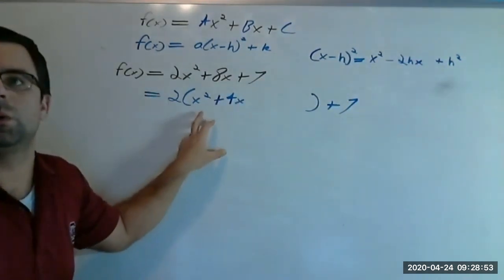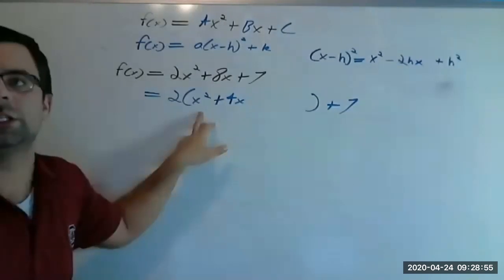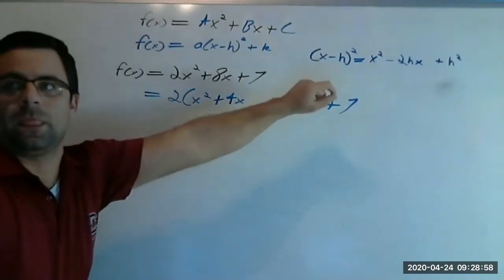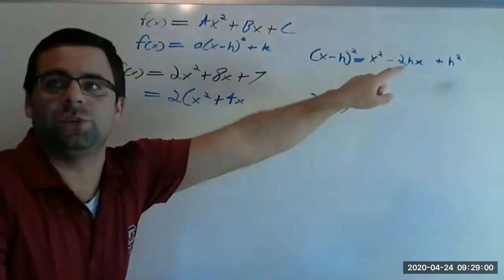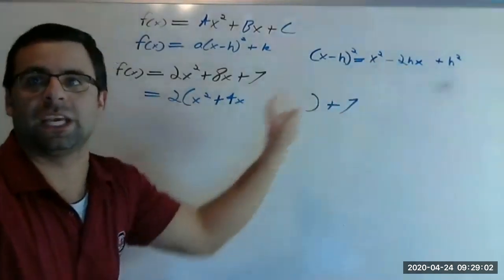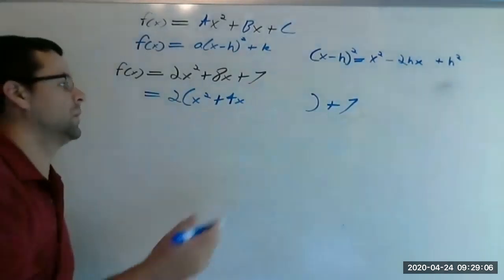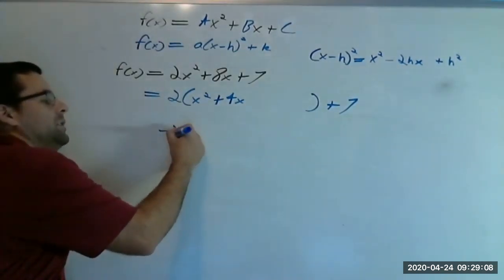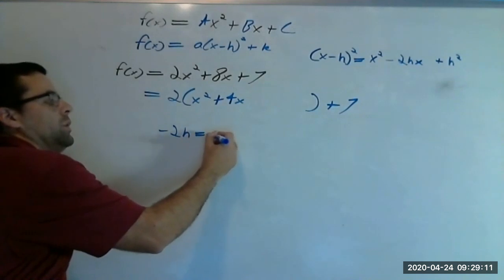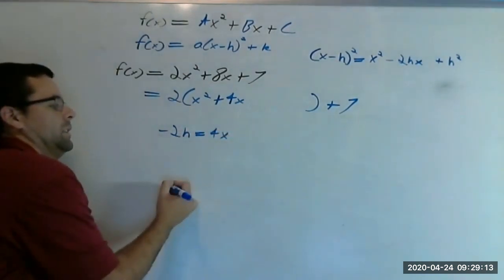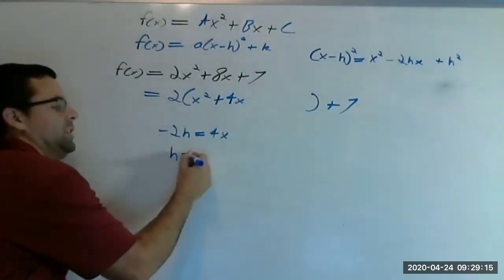So x squared is good. The next term is negative 2h times x, but that has to equal this thing. So if negative 2h equals 4x, then what does h equal?